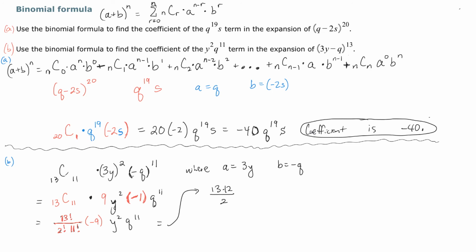That should be in red. 13 times 12 over 2 times negative 9, and so we have 6. 6 times 13 times negative 9. The coefficient is negative 702.